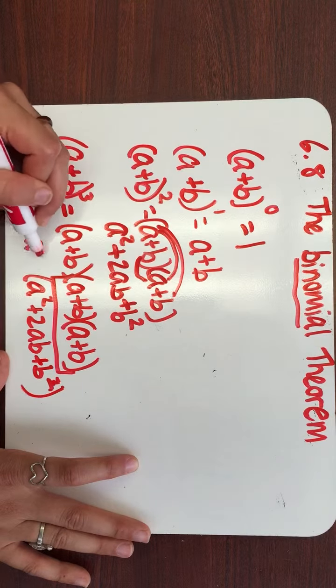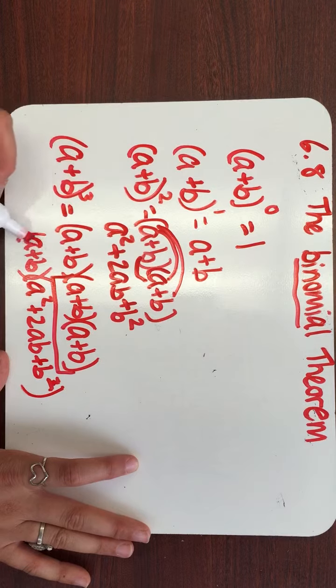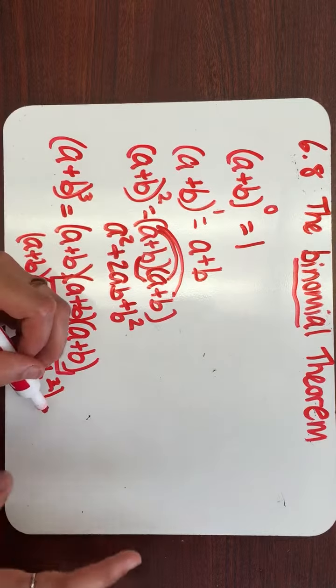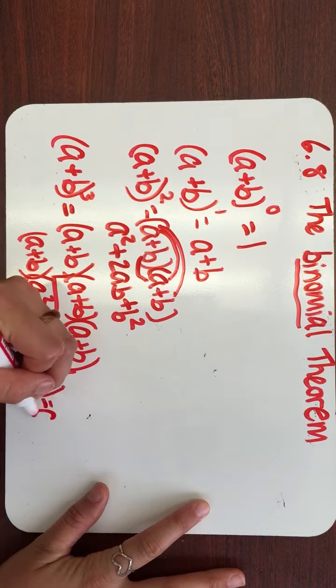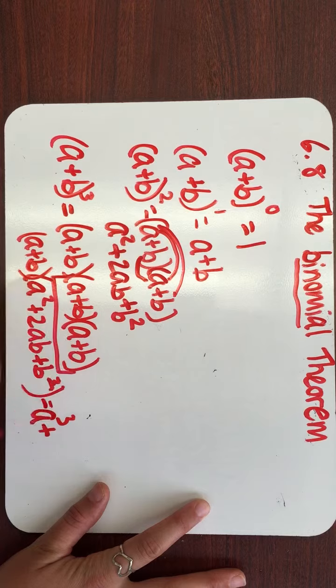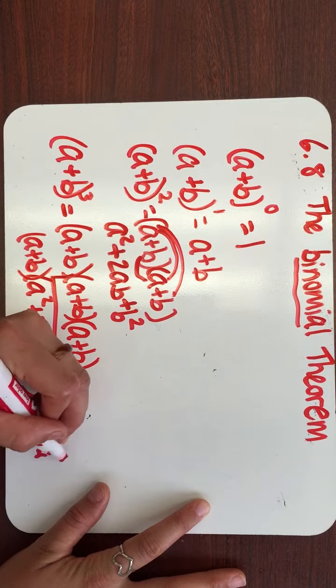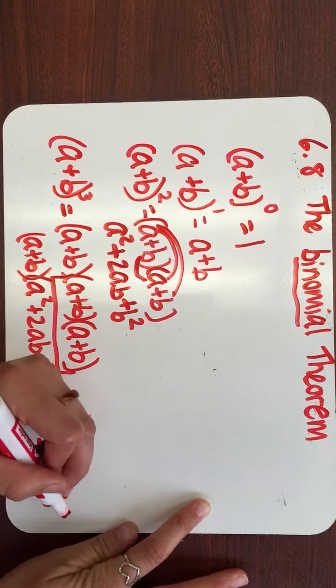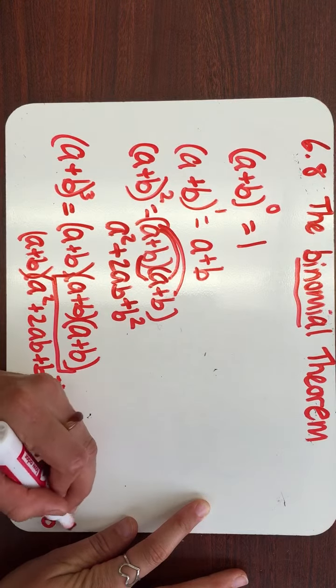And then we'll bring down the other a plus b that we have. And if I distribute a to every term and I distribute the b to every term, then I'll come out with a cubed plus 3a squared b plus 3ab squared plus b cubed.